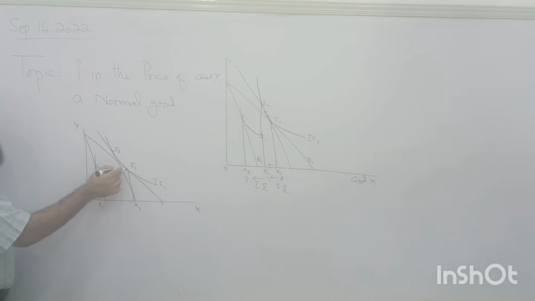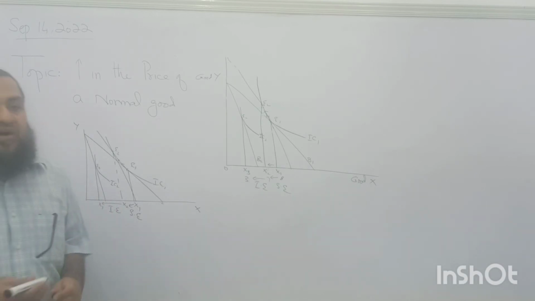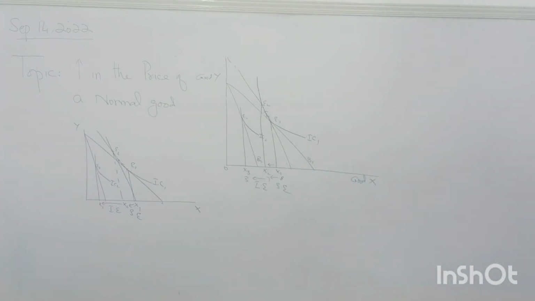So this movement from E1 to E2, X1 to X2, is called the substitution effect, and from X2 to X3, this is the income effect. Alright? As we make it steeper, it can be clearer to us.